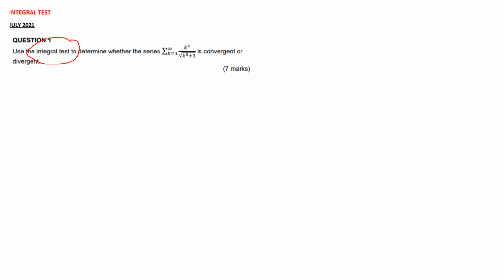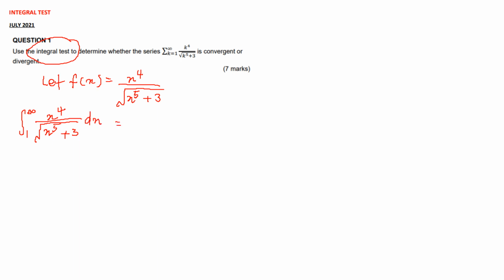Okay, the first step is, normally I will let this function be f(x) equals x power of 4 over x power of 5 plus 3. And then you have to turn it into the integral test. So you use the integral symbol from 1 until infinity, and then you copy back the function with respect to dx.